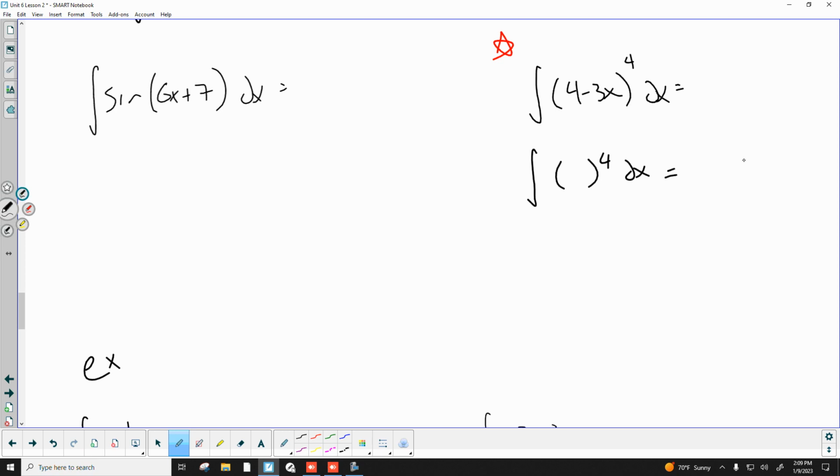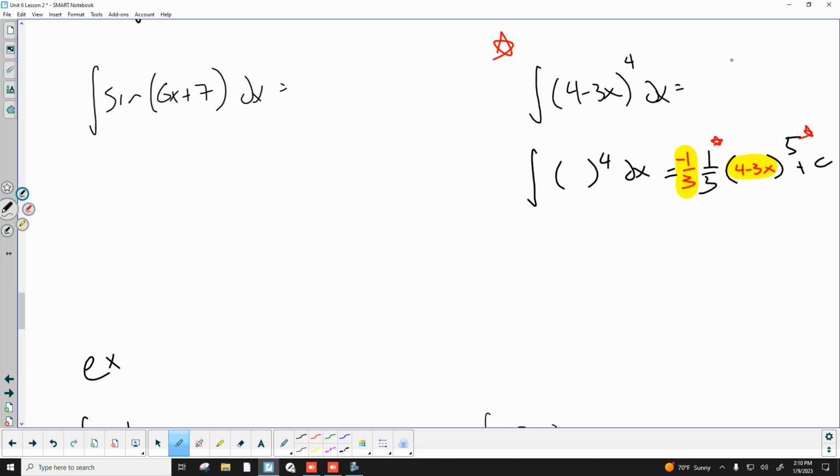You then have parentheses to the fifth, 1/5 plus C. You then fill in the inside and understand the derivative of the inside involves a -3, which is why you need a -1/3. The -1/3 comes from undoing the derivative of the inside. The 1/5 comes from undoing this 5 when it comes down.